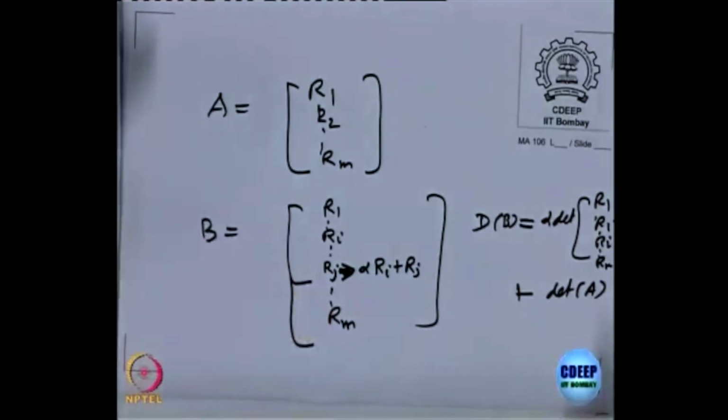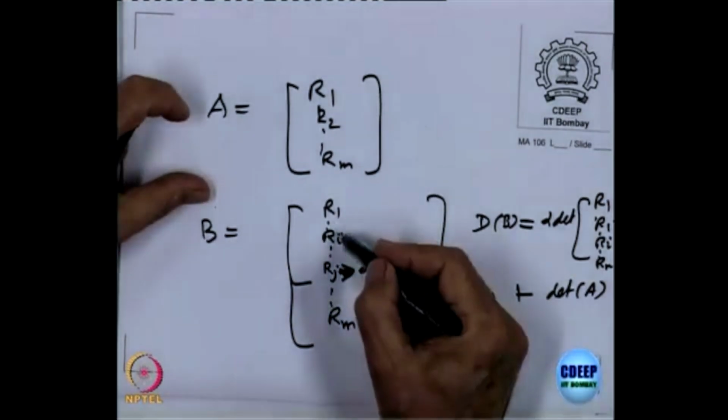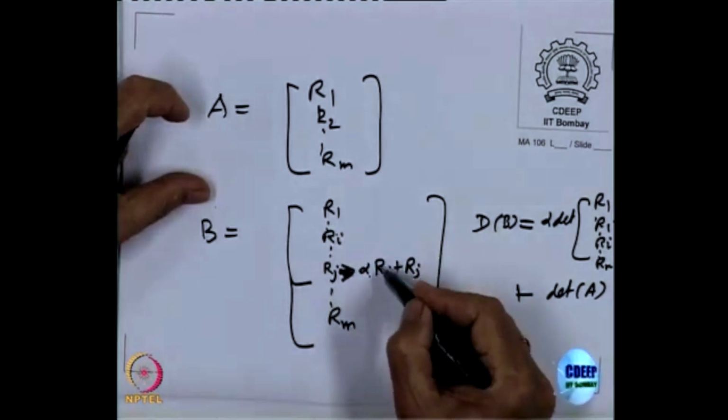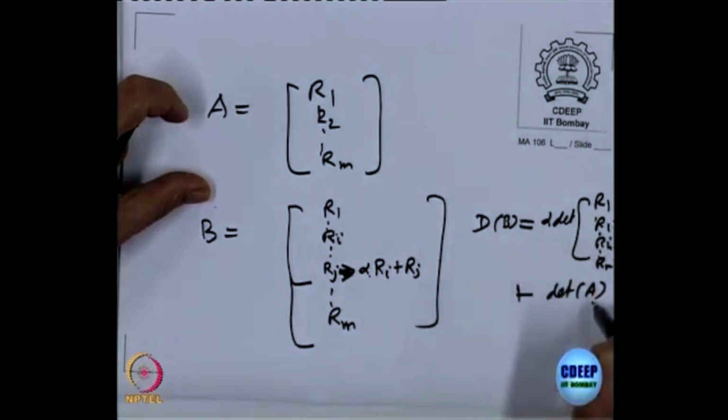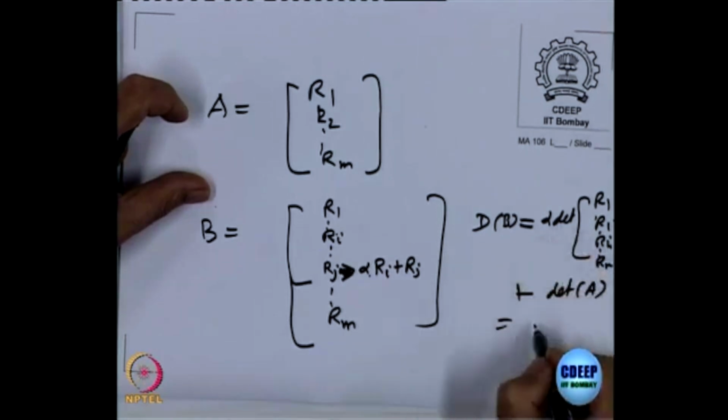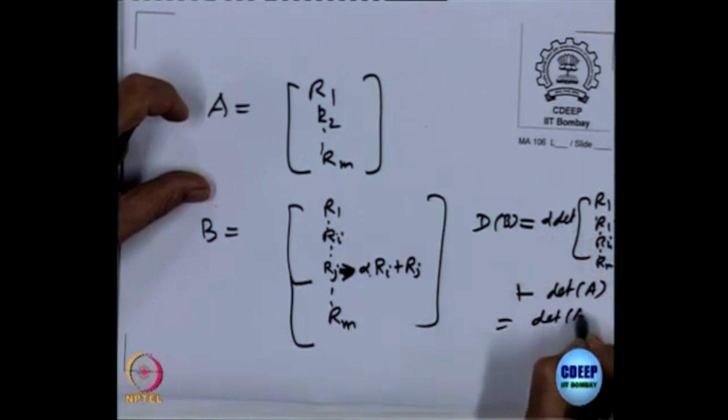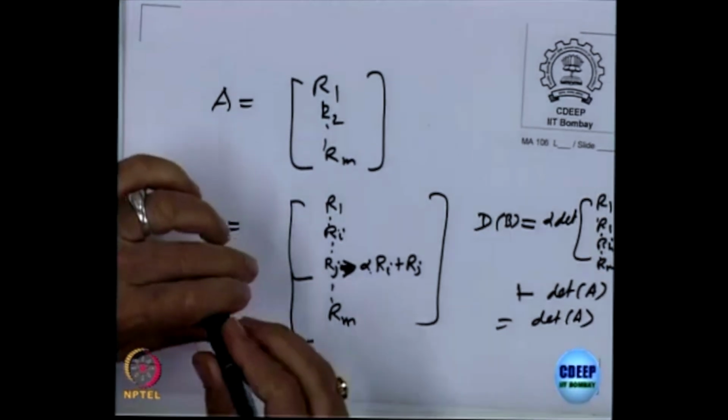By linearity, alpha comes out, Ri at the ith and jth place. The other is just A. So this is 0, and it is equal to the determinant of A. That's all, nothing more than that. Again using the linearity property and the property that if two rows are identical, then the determinant is 0.